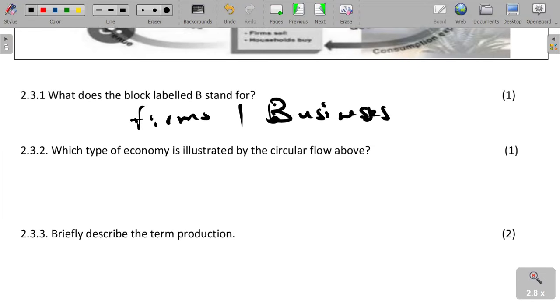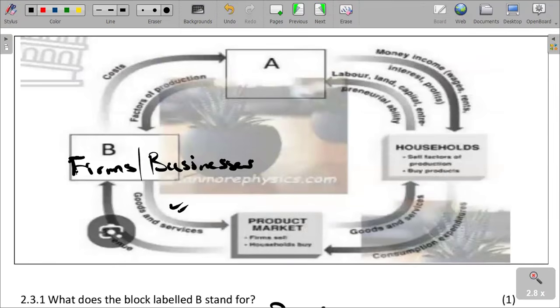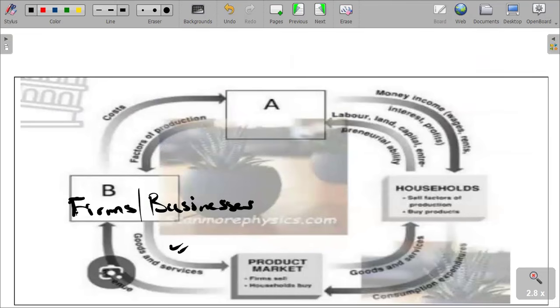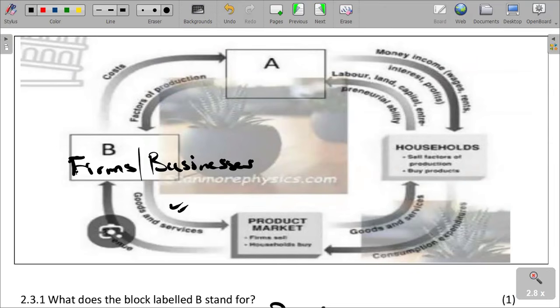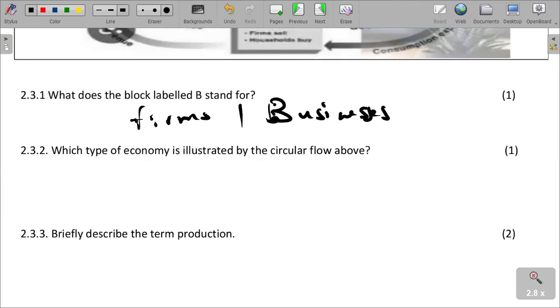Which type of economy is illustrated in the circular flow model above? We have two types, closed and open. In this case, it is just a closed economy that is shown here, because we don't have the foreign sector.